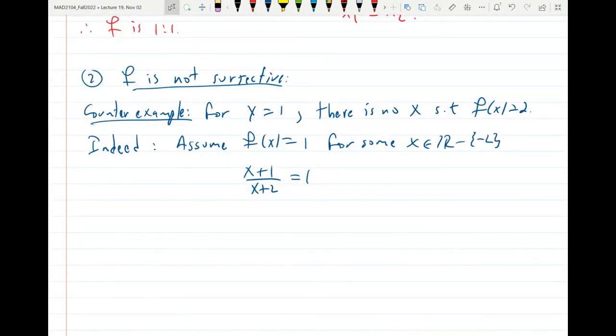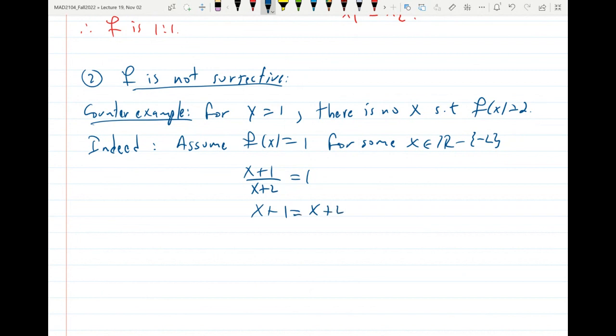So right here you can see already that something is fishy. What's fishy here? The top is always less than the bottom, right? The only way a ratio is equal to 1 is if the top is equal to the bottom, so this is always actually less than 1. Now we're going to get a contradiction immediately, because then this means that x plus 1 equals x plus 2 by multiplying, right?